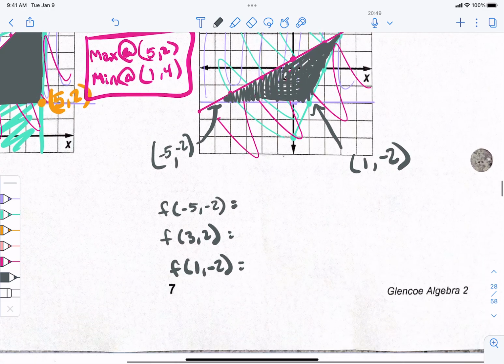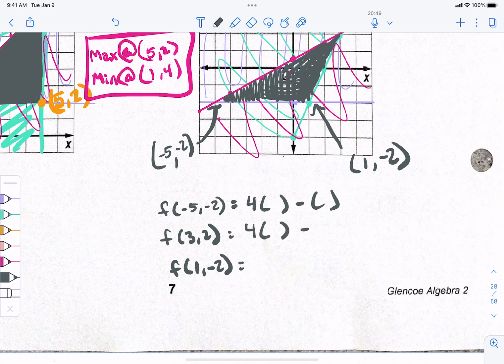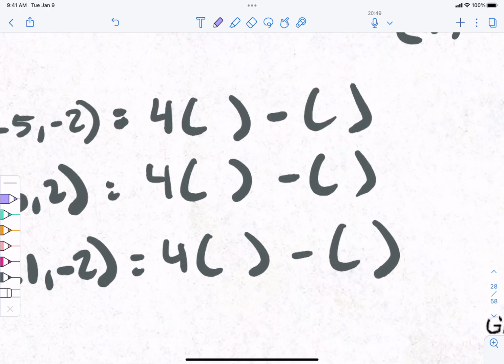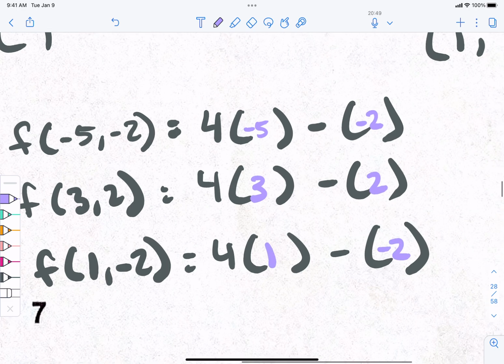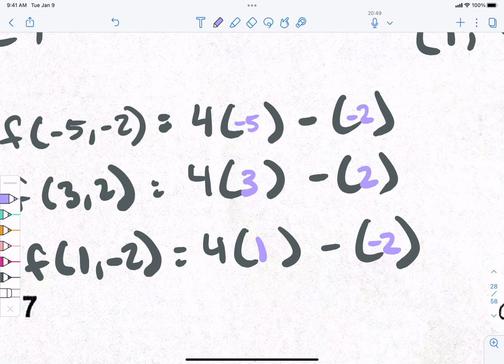And we have 4x minus y. Negative 5, negative 2, 3, 2, 1, negative 2. All right. Minus 20. Okay, minus 20.